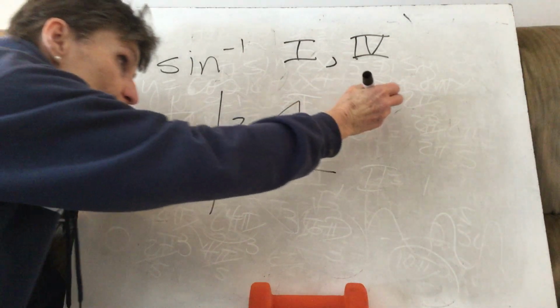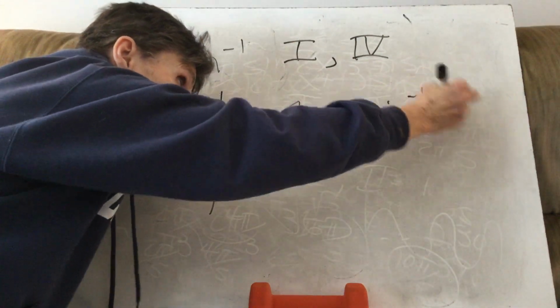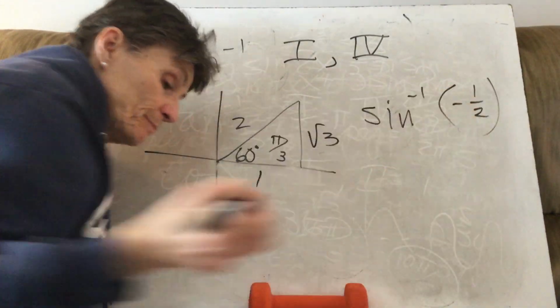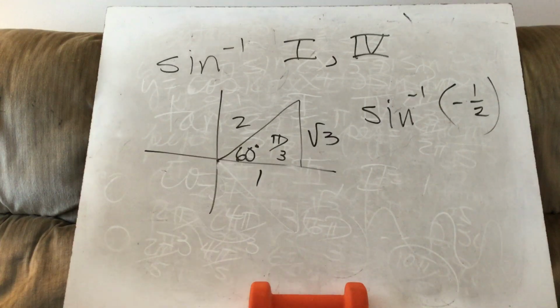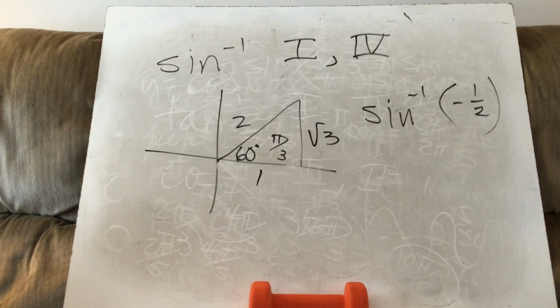All right, let's look at the next one. Where do you think you're going to draw this one? Your options are only 1 and 4 because it's a sine. But this time it's a negative number. Where do you think we're going to draw it? 4.